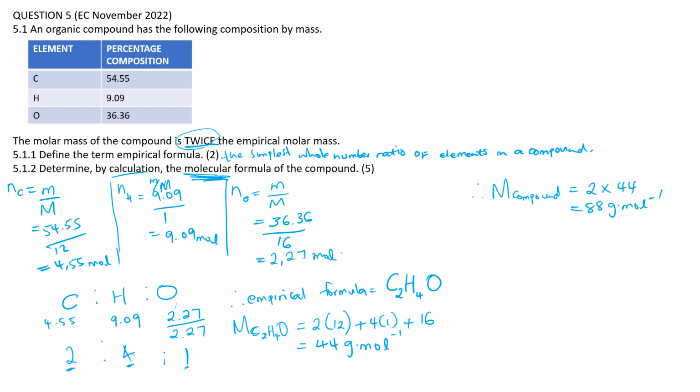In order to get the molecular formula, you need to divide the molar mass of the compound by the molar mass of the empirical formula. And that is going to be 88 divided by 44, which is 2.